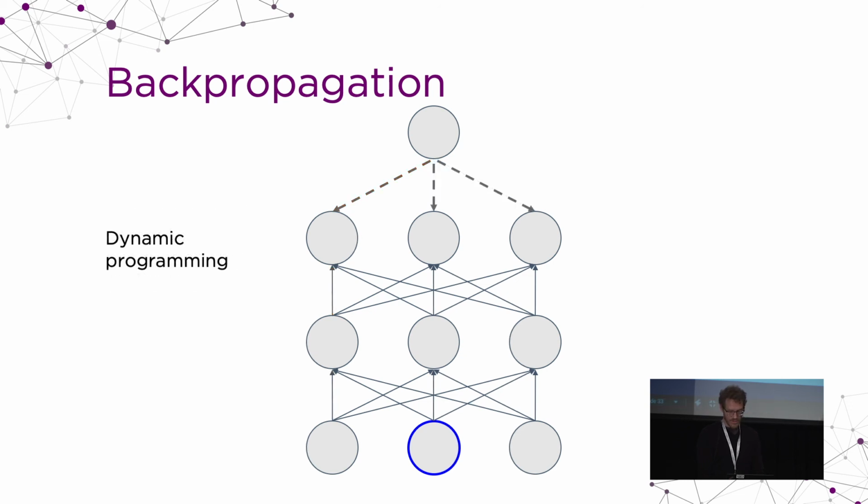So instead of doing all the paths from this node to this node without looking at the other nodes, I will do it in a systematic way based on dynamic programming. And so from this node, I will compute the values of the derivative of the function evaluated at the values of these variables. And I will do it for each edge coming from this node.